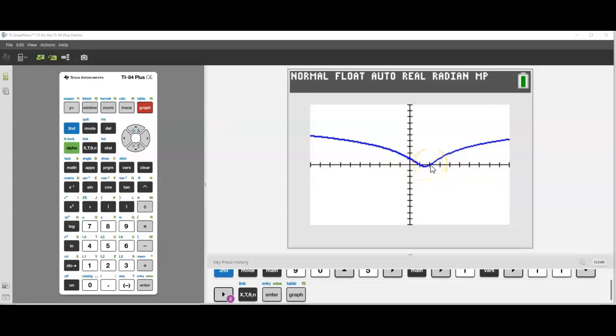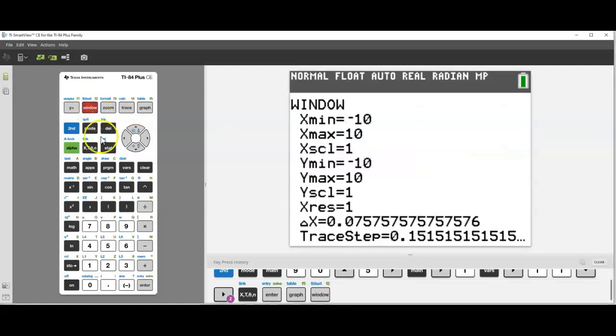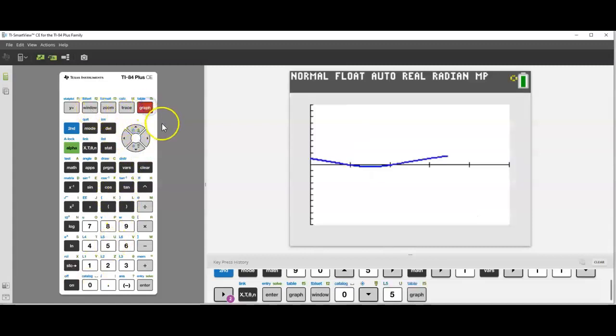Now, by the way, we only really care about a certain interval. You don't have to change your window, but I'm going to be picky about it, and I'm going to change my window. We only want to see from x equals 0 to x equals 5. There. And also, this looks pretty flat.